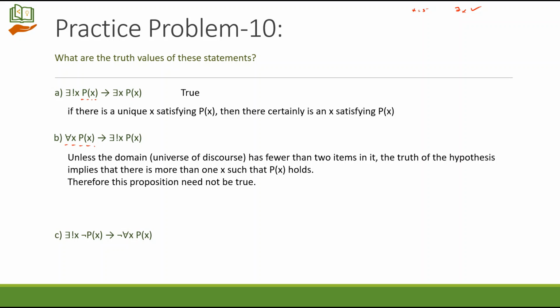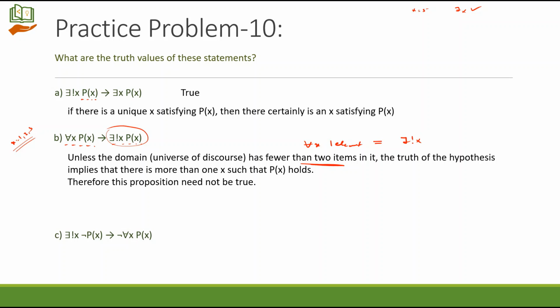So when you take for all values of X and X is going to have 1, 2 and 3, obviously this cannot be taken to be true because here only one X value should satisfy. If it has fewer than 2 items, it means only when for all X has only one element, at that case it will be equivalent to a unique element of X. You cannot say for all X will always have only one element in the universe of discourse. Therefore, this proposition need not be true is what we can conclude.